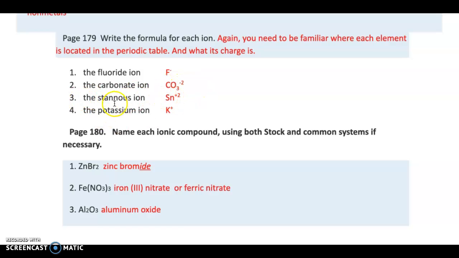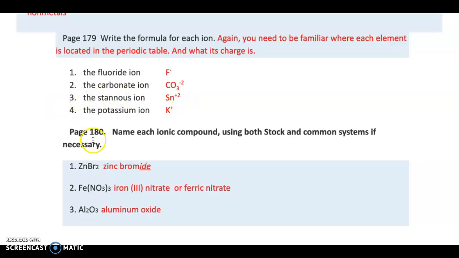The stannous ion. So this is tin, also called the stannous or tin ion. So there is a common name and a not so common name. The tin has a charge of +2. And the potassium ion, easy. Potassium is located in column number 1, therefore it has a charge of +1. Tin can have different types of charges.